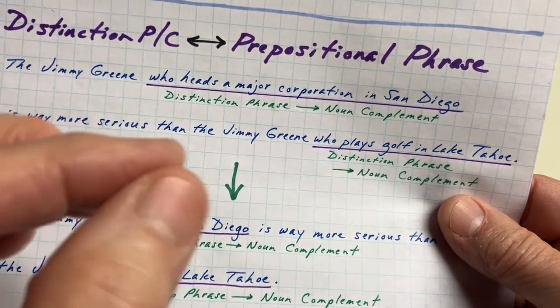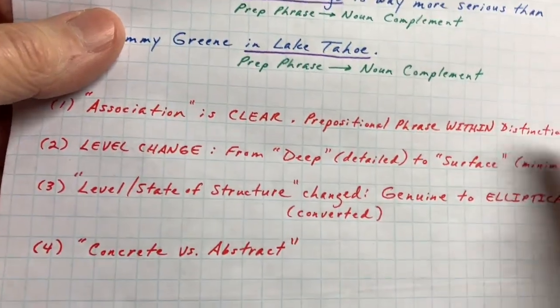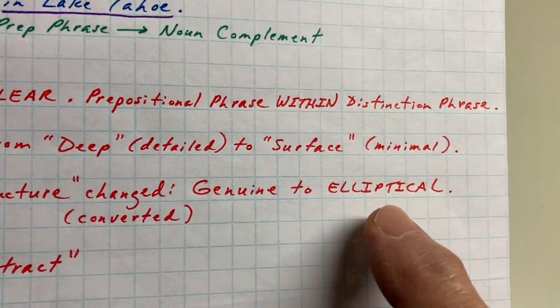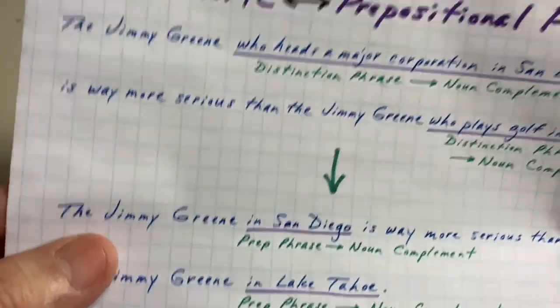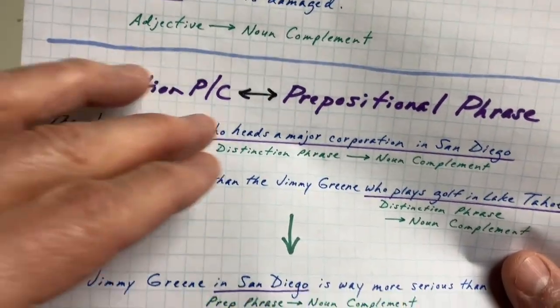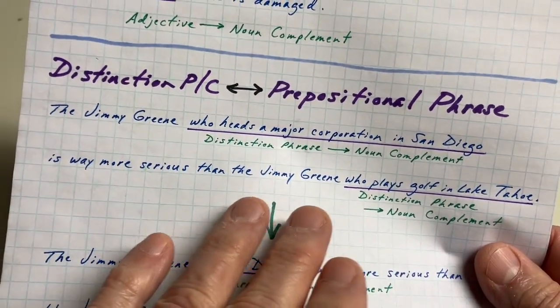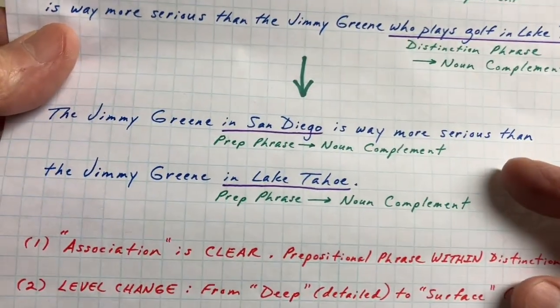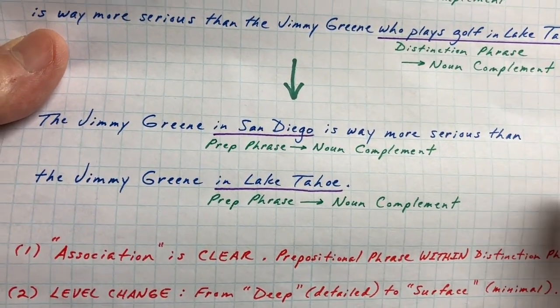And when you omit things, you have a situation which I call elliptical, okay? In other words, this deep, complete, full thought was reduced to this simpler version here, all right?